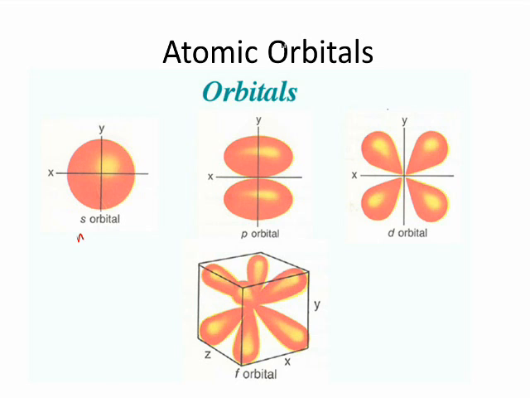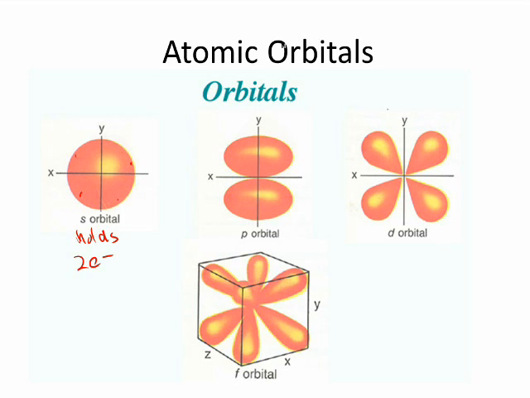An s orbital holds 2 electrons. Okay, so only 2 electrons can be in an s orbital, and they're buzzing around there somewhere. We're not exactly sure where, but somewhere they're buzzing around in this spherical region.